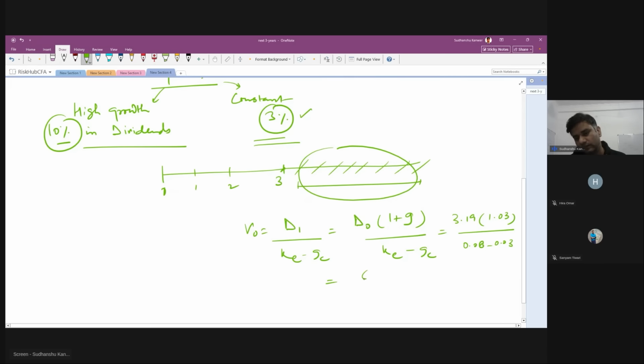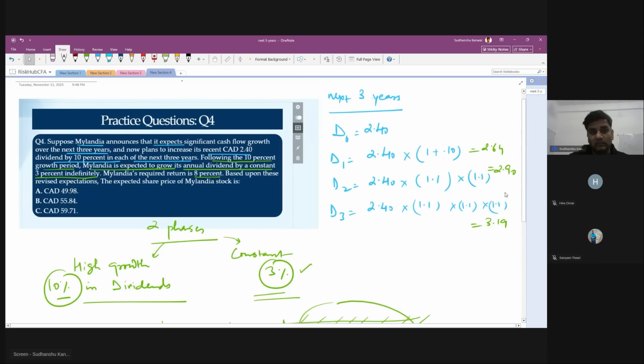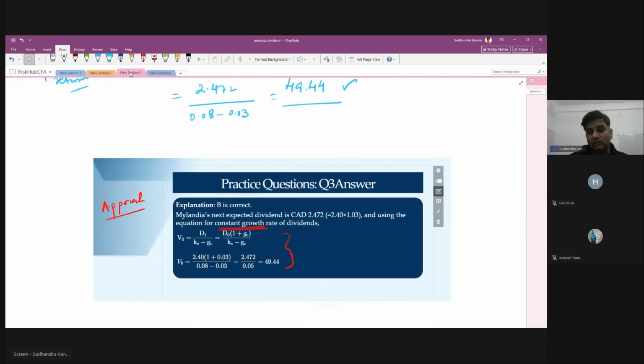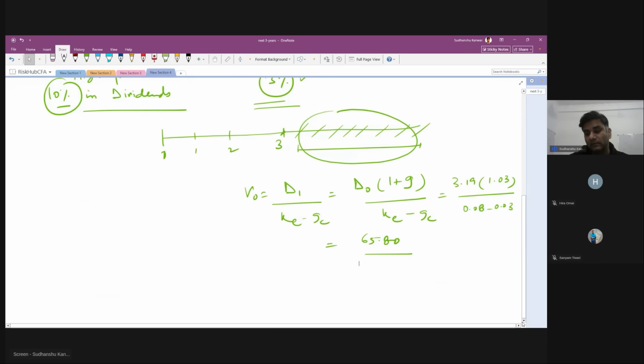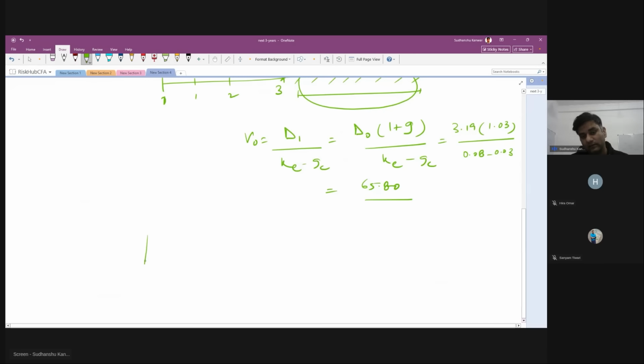Now, in the earlier case you got the answer easily, but in this case you will not, because you have four cash flows: first year, second year, third year, and the fourth cash flow for the indefinite period ahead.